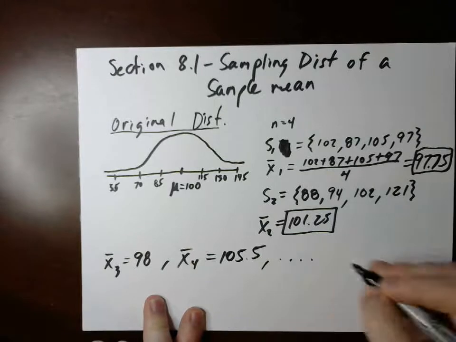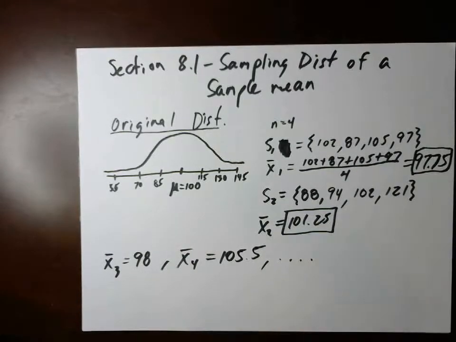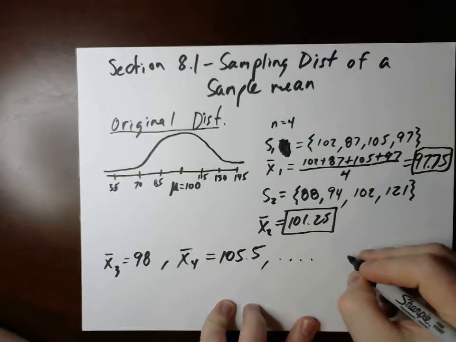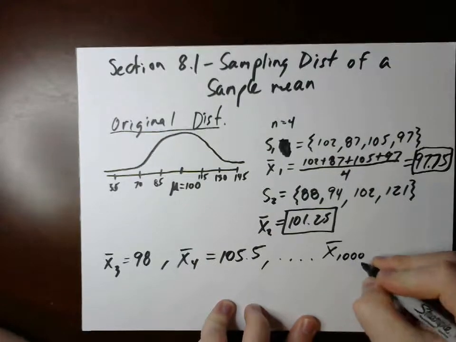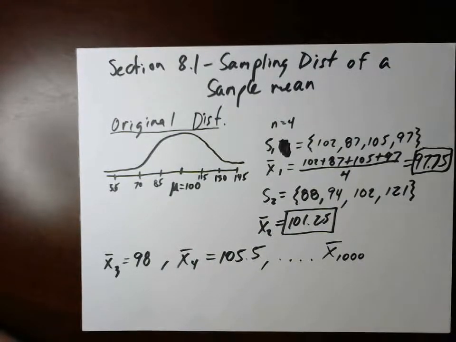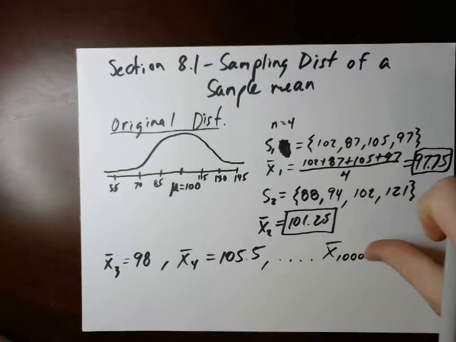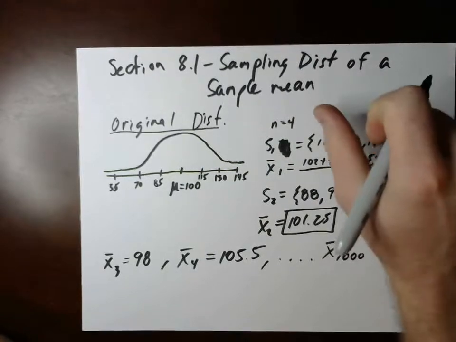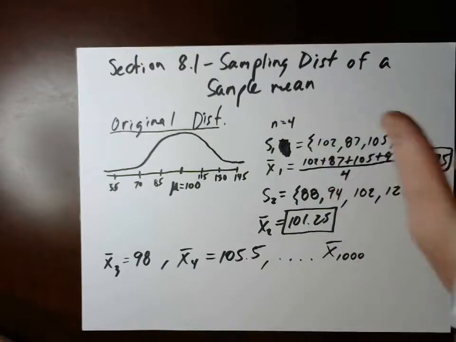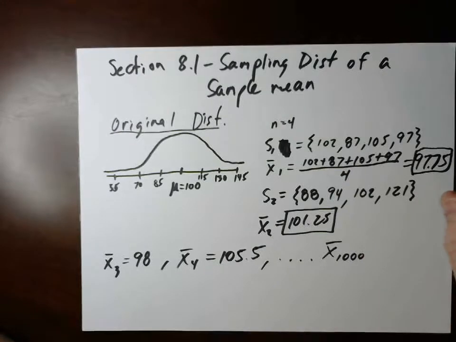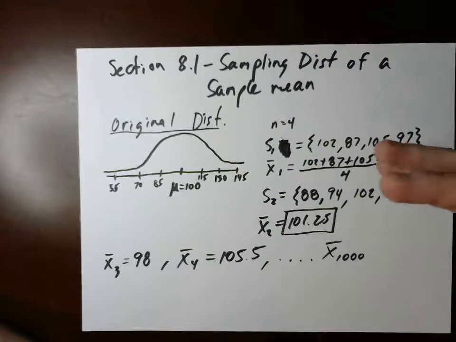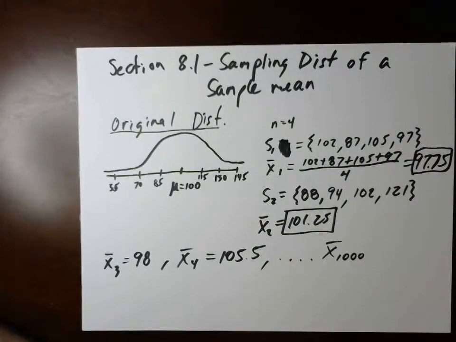We continue this process, doing a large number, all the way to x bar 1000. So we've gathered 1,000 different x bars, which means we have 1,000 different values from the sampling distribution. As soon as you get to a large sampling size of 1,000, where each x bar is determined by an n equals 4, then we essentially have every single value that would be in this distribution.